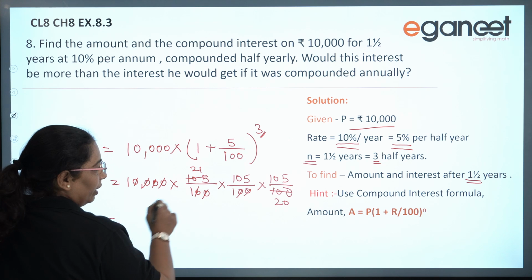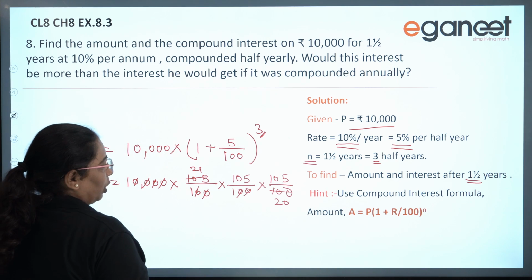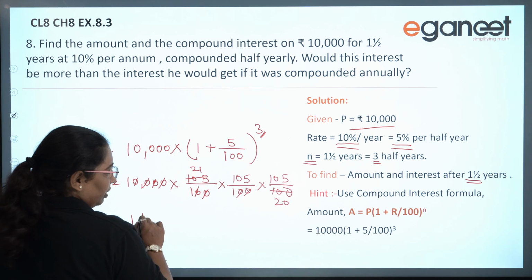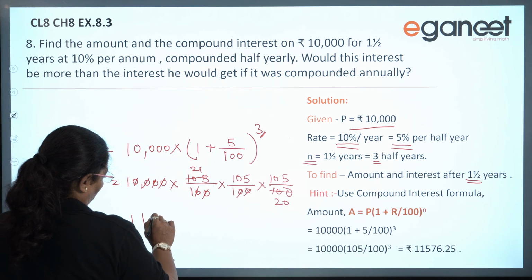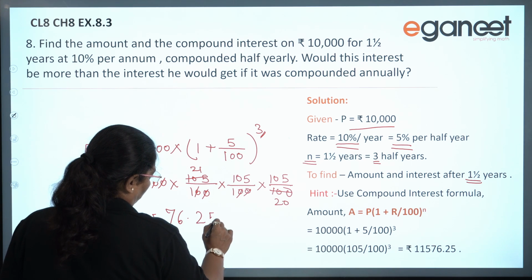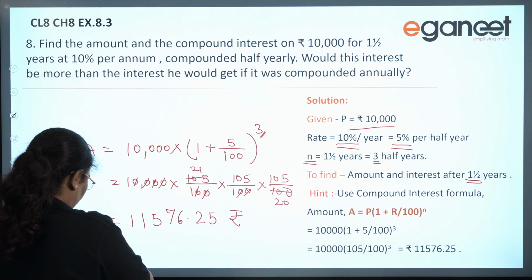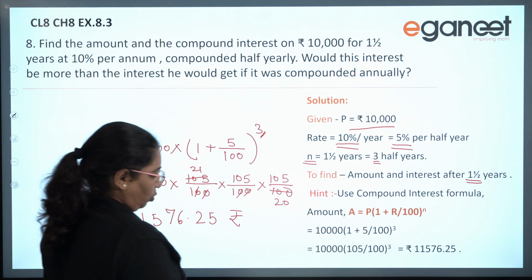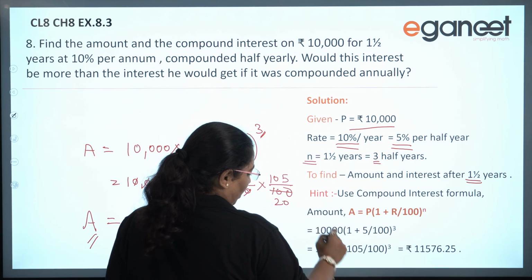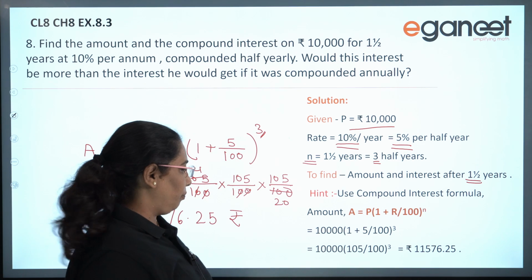By solving this, we will get the value of A equal to 11,576.25 rupees. So this is the amount on 10,000 rupees when compounded half yearly for 1.5 years.